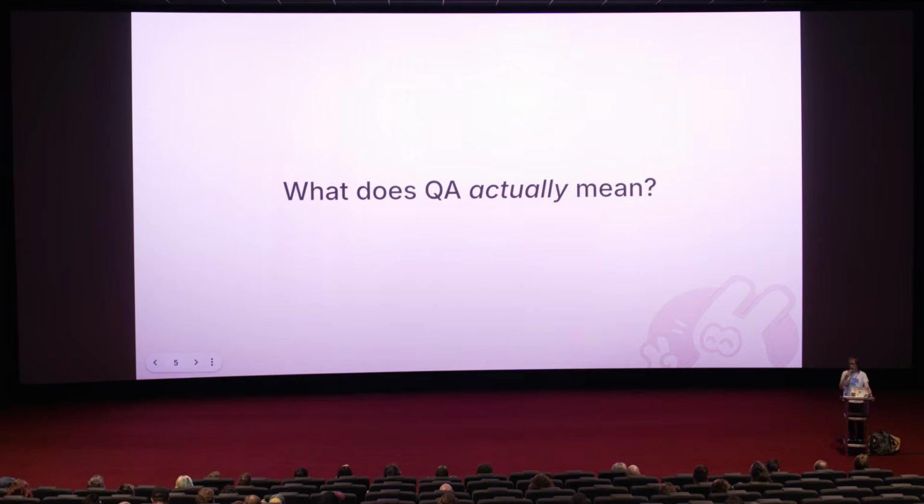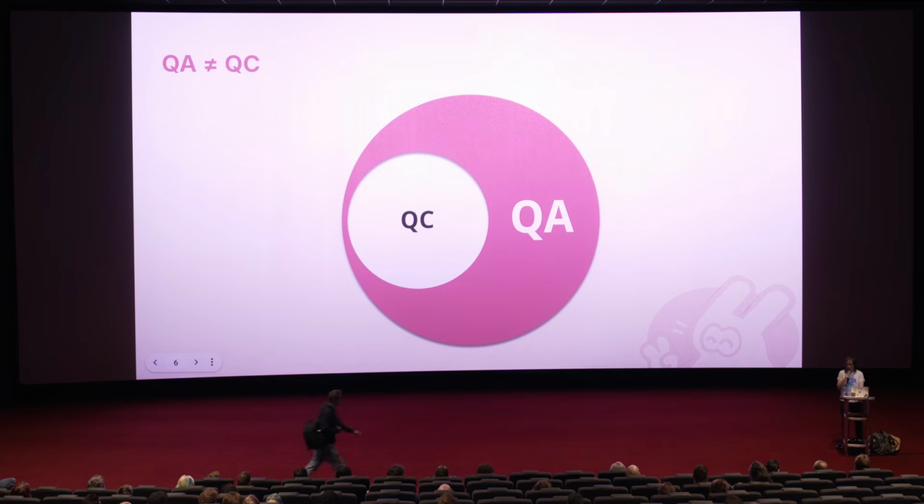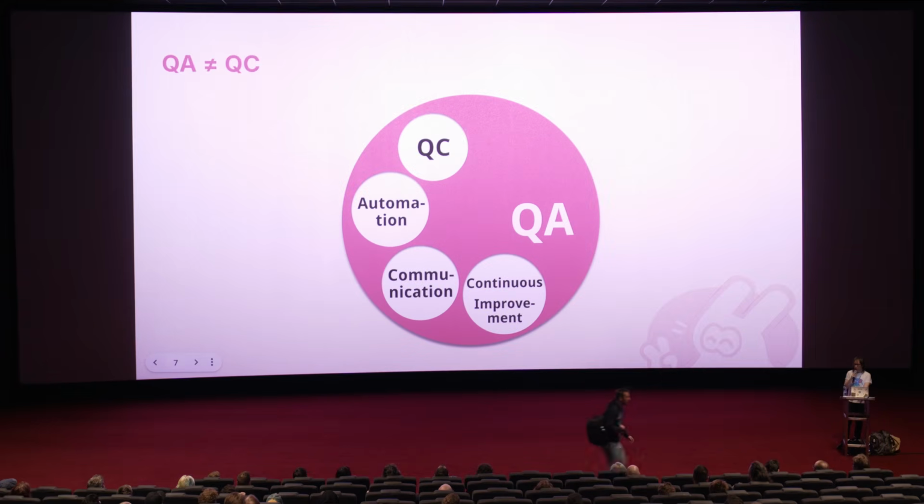The first thing that we need to talk about is what QA actually means, because usually we use it as a synonym for testing. So I'm going to do the QA for my game, I'm going to do the testing for my game. And that is not exactly true, because testing is quality control, which is just one of the many tools that QA has. QA actually means quality assurance, and it's more of a mindset, a work philosophy.